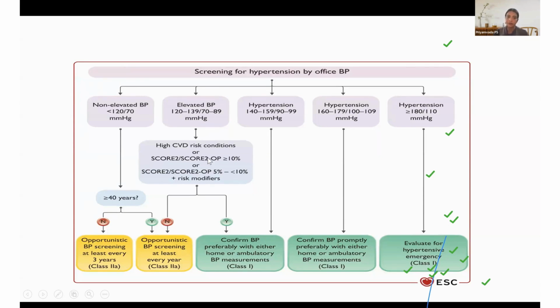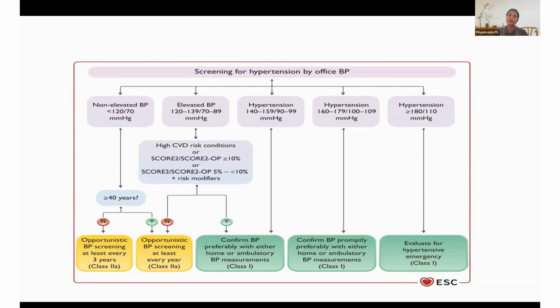So for those types of patients, we have to confirm BP, preferably with either home or ambulatory blood pressure measurements. If they don't have any other cardiovascular risk, probably we will still give the lifestyle advice because that's going to prevent the development of hypertension. And those who are in the elevated blood pressure group, if they follow a healthy lifestyle, there is a fair chance that they might regress into normotension.